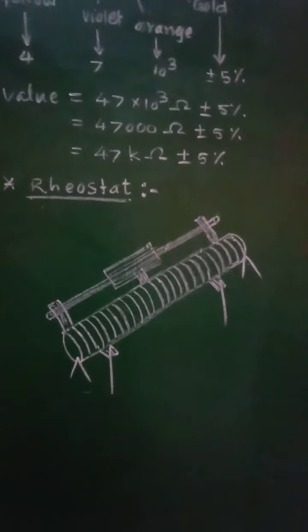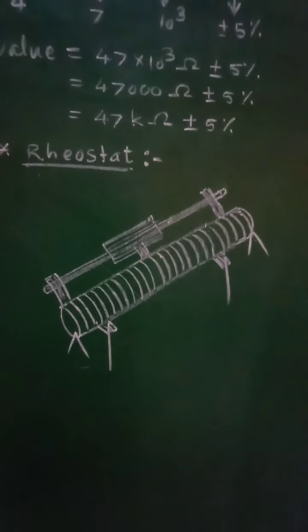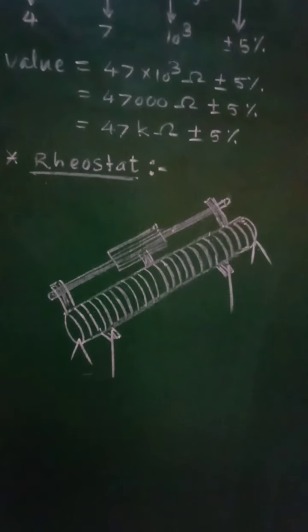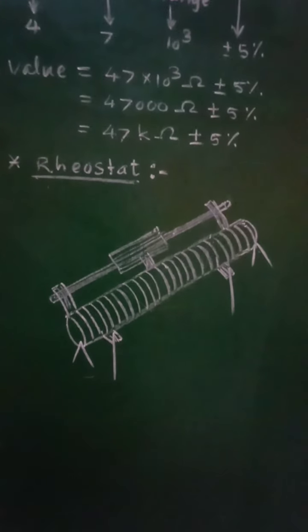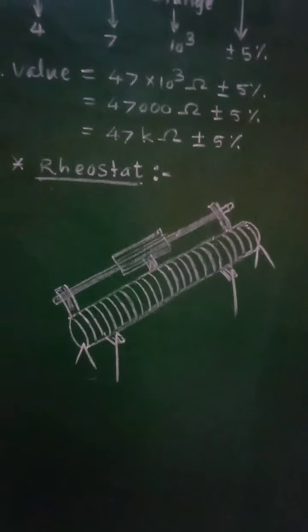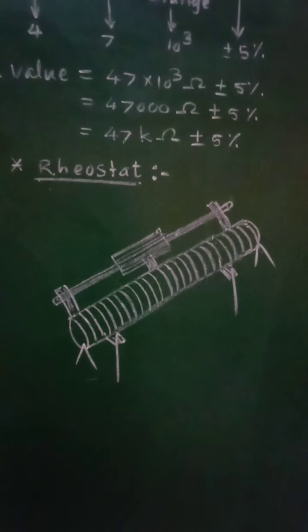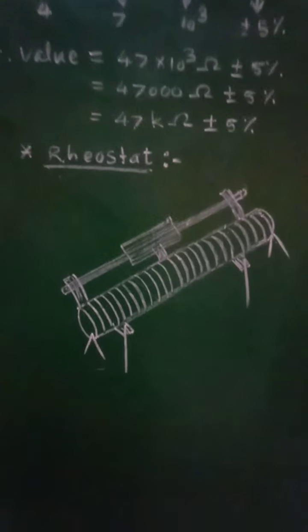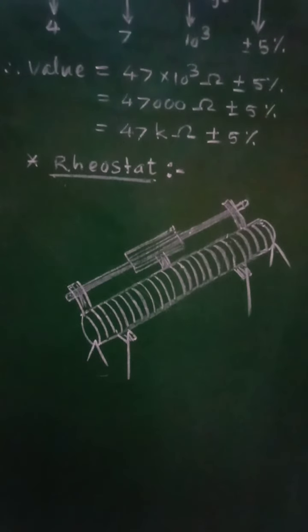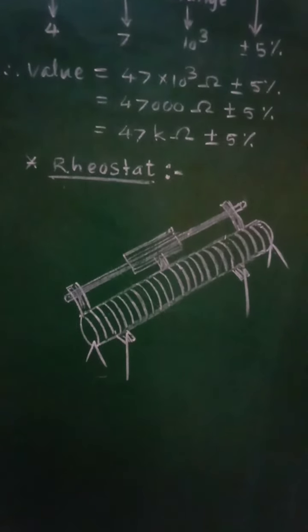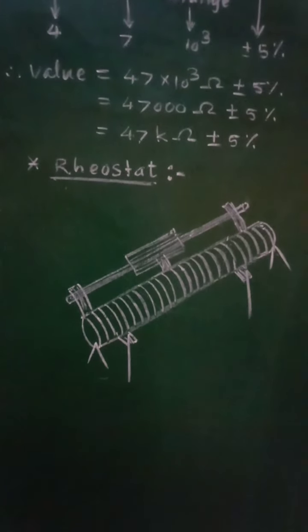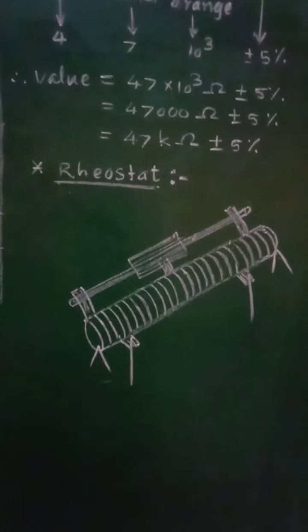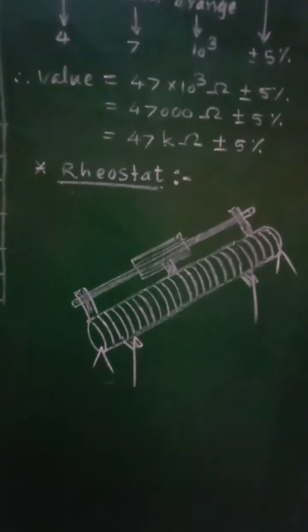That element will be in the form of thin wire or ribbon or carbon films or conducting liquid, depending upon the application. So the purpose for which the rheostat will be used will decide the shape of that element, that is, in the form of wire or ribbon or carbon films or any conducting liquid.